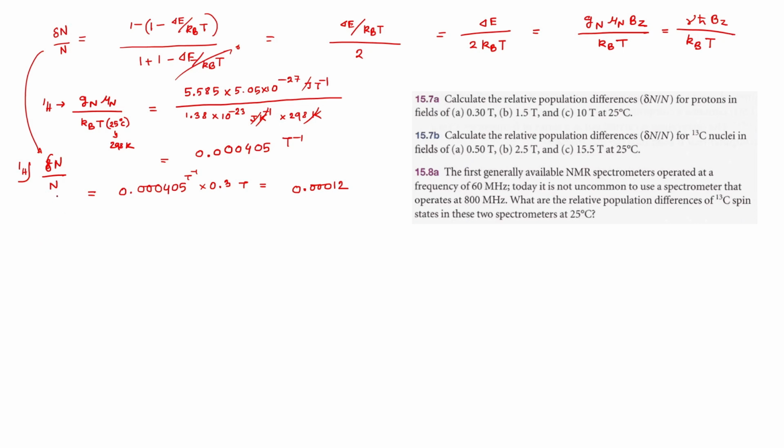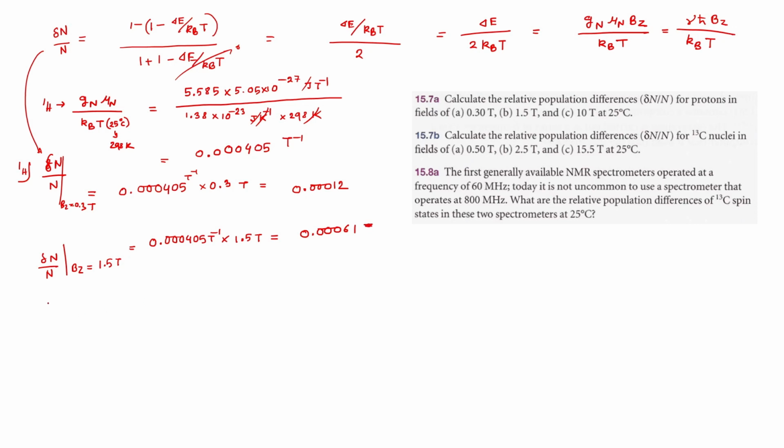Now delta n by n at B z equal to 1.5 Tesla: how much will it be? 0.000405 Tesla inverse into 1.5 Tesla, which is 0.00061 actually.